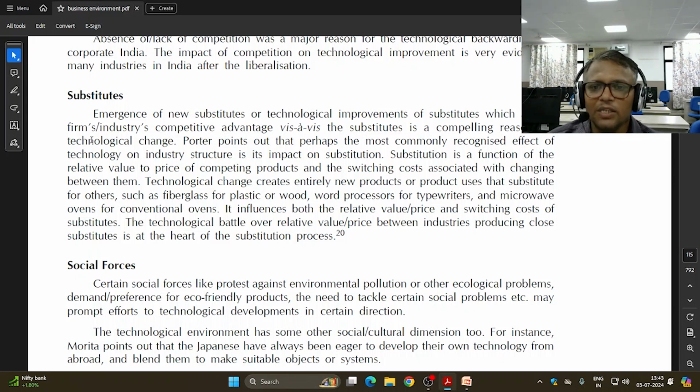Technological change creates entirely new products or uses products as substitutes for others, such as fiberglass for plastic, word processors for typewriters, and microwave ovens for conventional ovens. It influences both the relative value-price and the switching cost of the substitutes, and the technological battle over relative value-price between industries producing close substitutes is the heart of this substitution process.